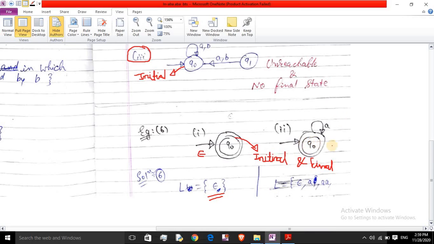Now look at this example. What is the language accepted by this? This will accept an empty string and then any number of a's. Then it will contain any number of a's there.